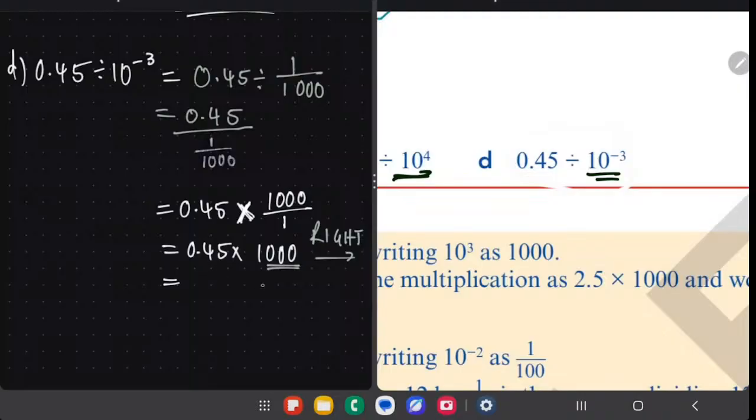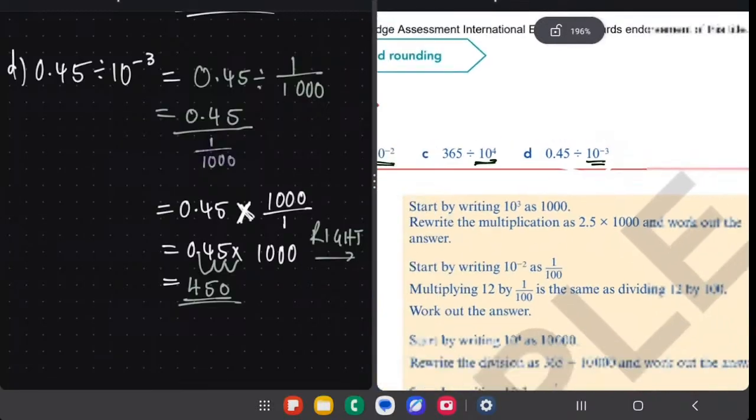So we move how many times? 3 times. Let's go. 1, 2, 3. Oh, so there'll be a 0 here. So it becomes 450. The comma is now here after this. So it's 450. This becomes your final solution, and you would have done very well. Are we together?